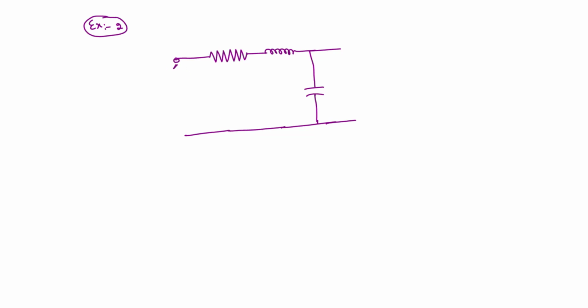The input that we are giving is Vg again, that means the input voltage, and assume that there is one more load called R naught. So this one I am calling R1, this one let me take as R2, this one I am taking as L, and this one as the capacitor C.